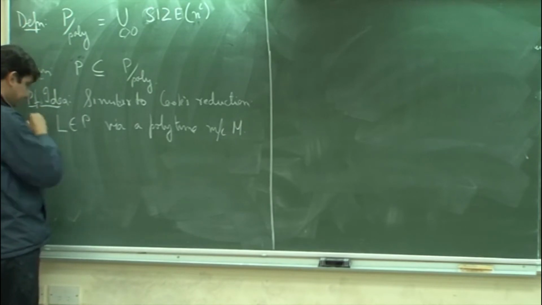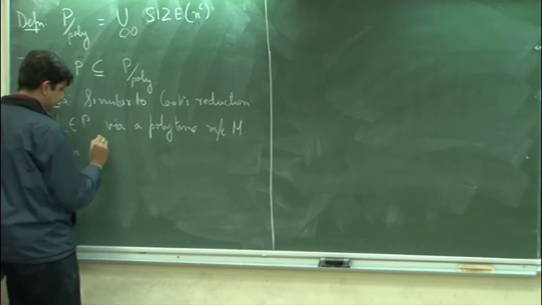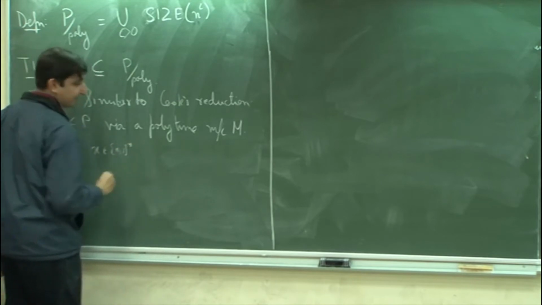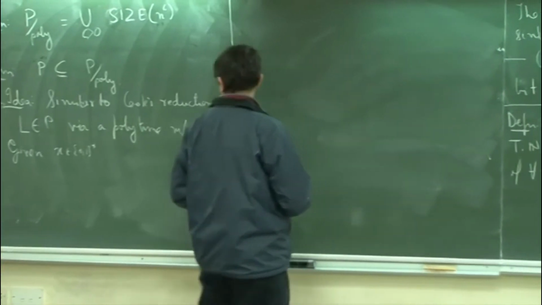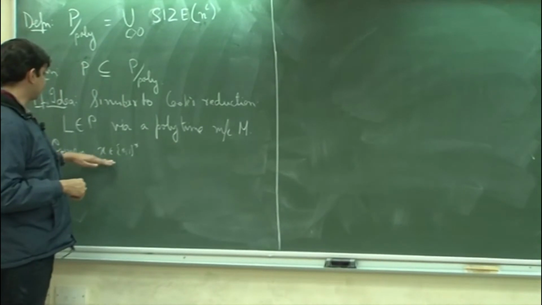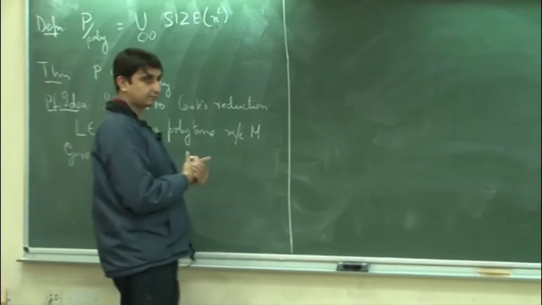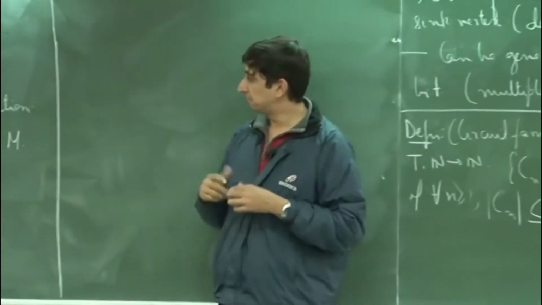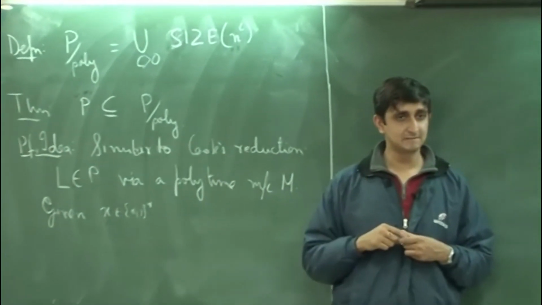Given any string x, let us look at the various configurations that this machine will take on this input x. So, what can we say about, let us say, the configuration graph of M on x?